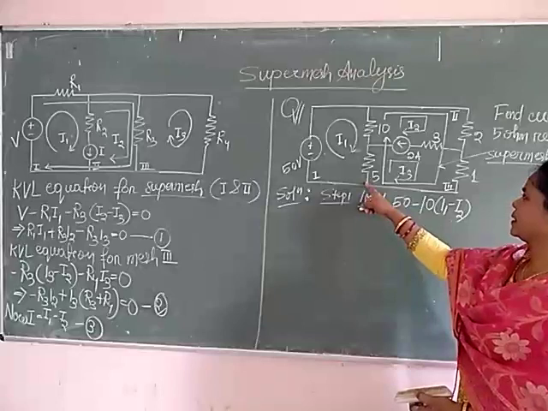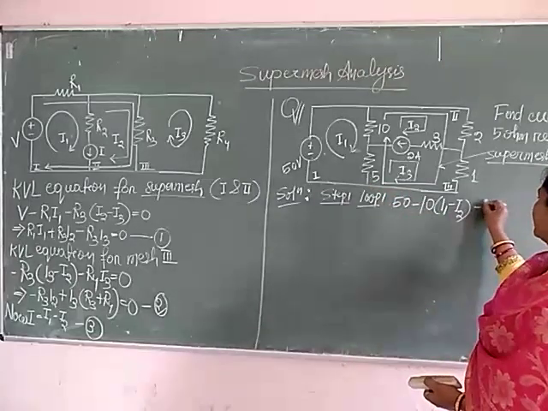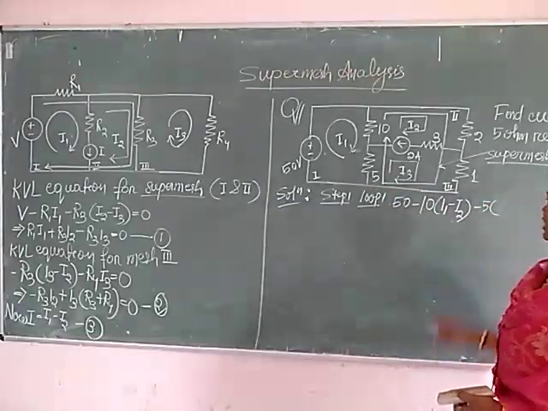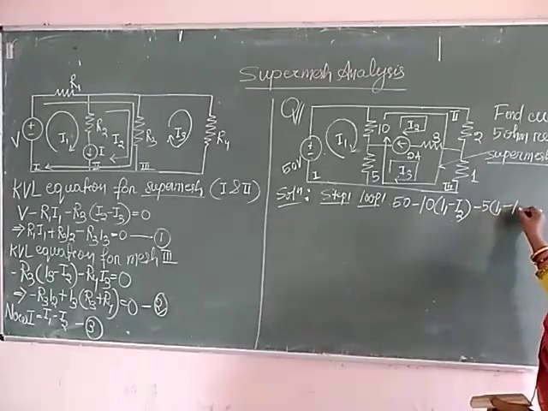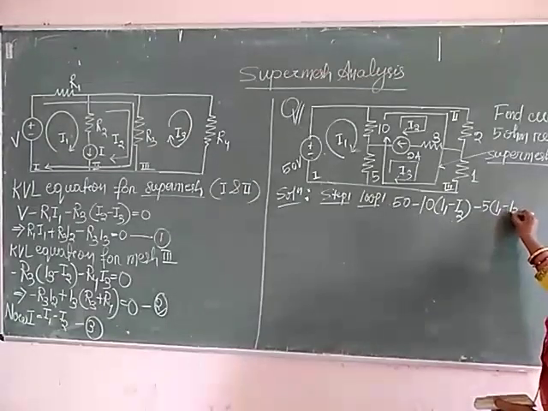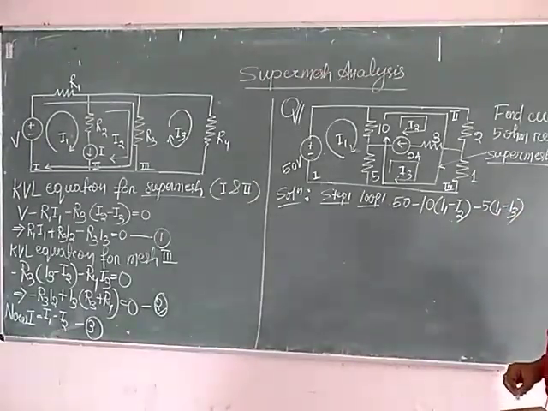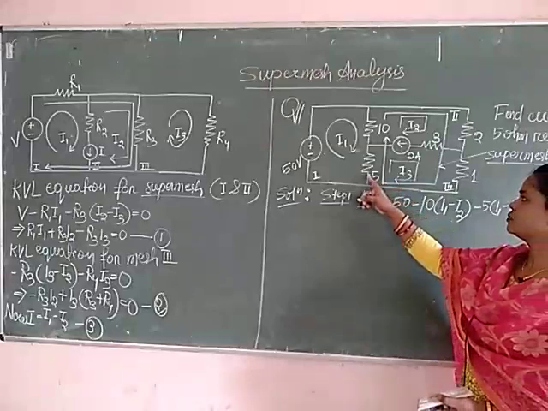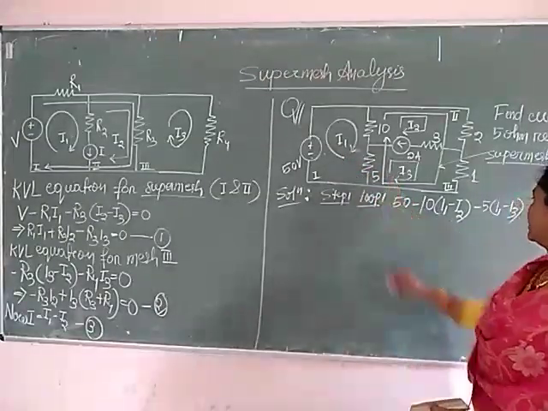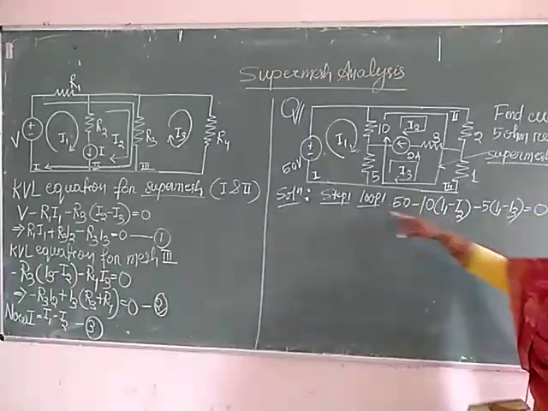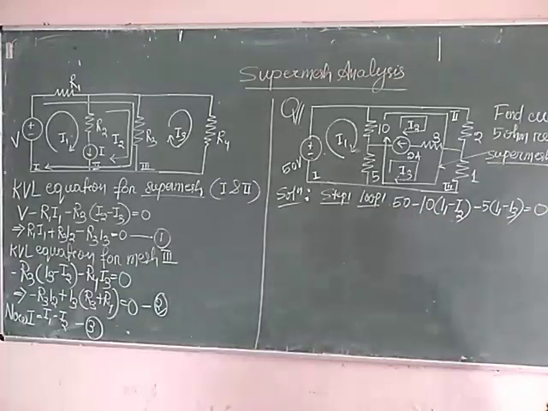The potential difference is 5, polarity is minus because it is a voltage drop, minus 5 into I1 minus I3. Why I1 minus I3? Because 5 ohm is the mutual resistance between loop 1 and loop 3. This algebraic sum is equal to 0.